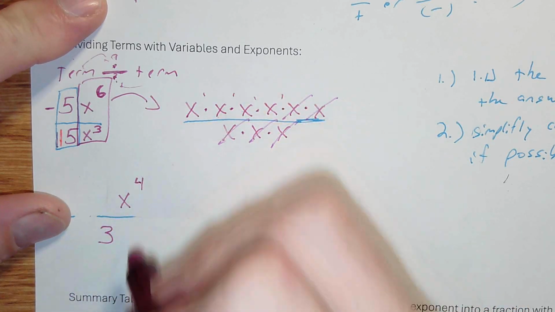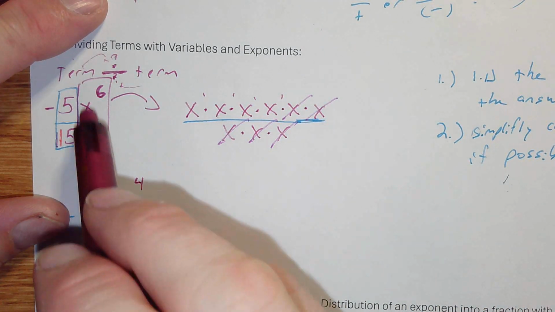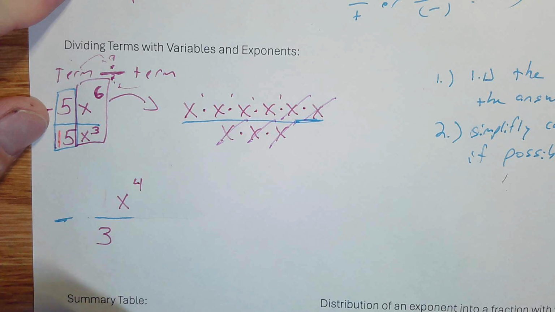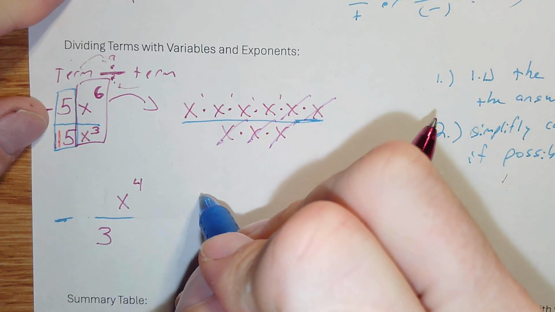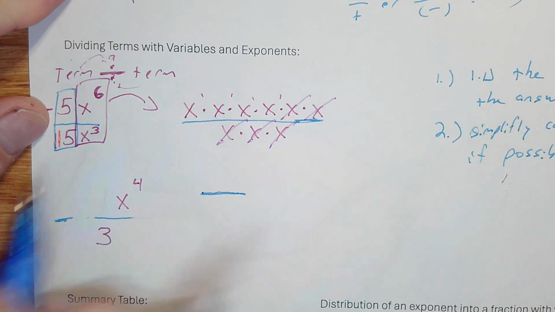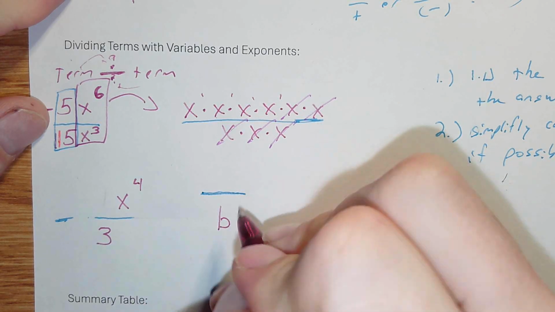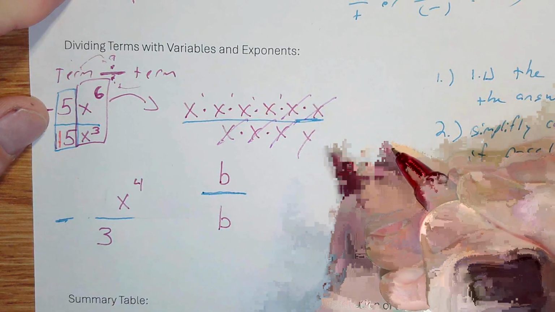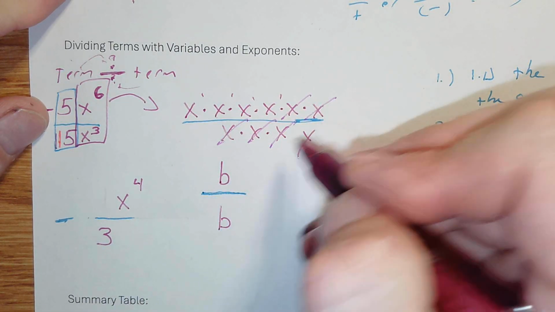4th over 3. Okay, another way to have looked at that, right, is to say, hey, my variable term on the bottom is my base, and this is the same base. They have to be the same base, because if this was like a y, right, there's no y's here to scratch out, right?